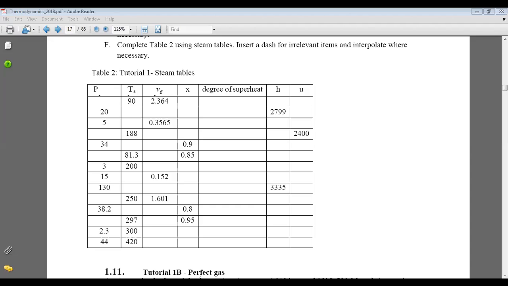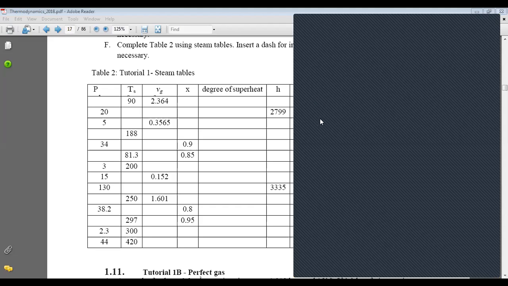So let me go to the steam table. Temperature 90 and Vg. Temperature 90.